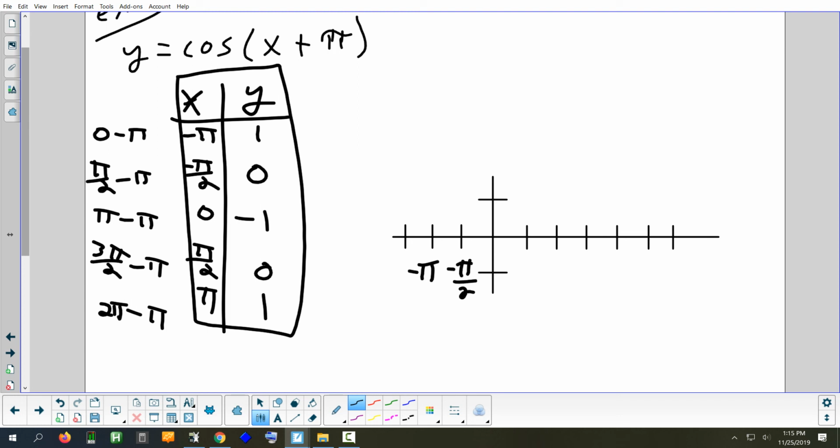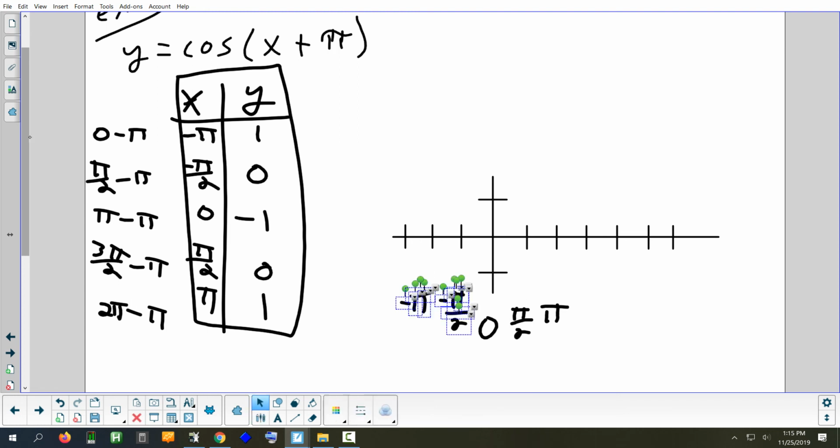So negative pi over 2. I should probably write those lower. They're too high. 0, you don't have to label unless you want. That's the axis. Pi over 2. And pi. Good enough. Okay, again, I'm going to go by ones on the y-axis. So no labels needed.